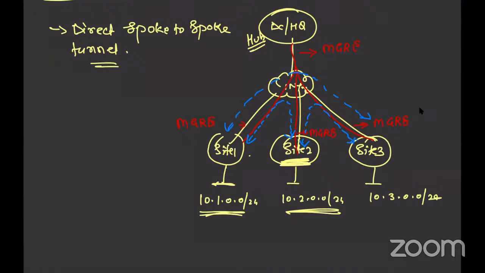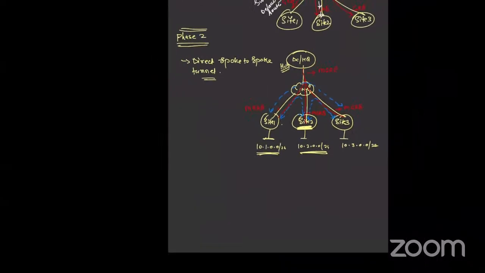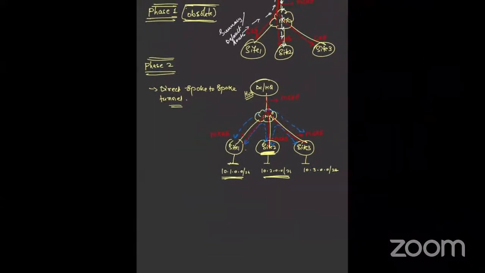So to overcome these limitations, you will get the third phase, which is phase 3. Okay, so the disadvantage is on the hub side, you cannot do summary or default route.